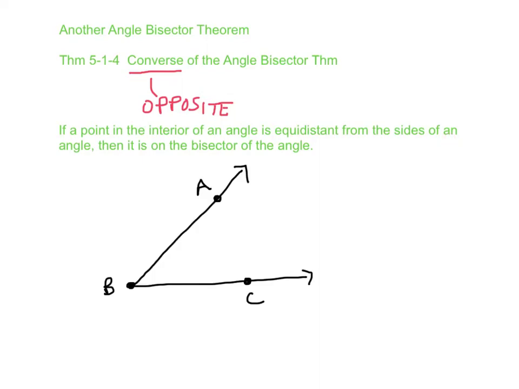So we have an angle, as our theorem says. Now, we want a point on the interior. I'm just going to choose a point, let's say about right there. I chose a point on the interior.